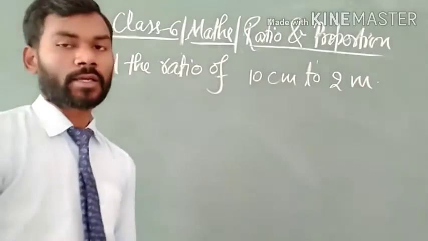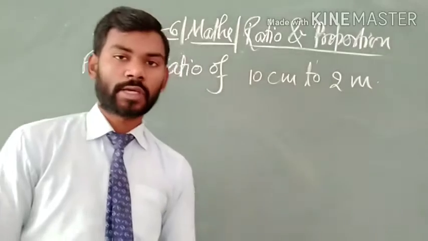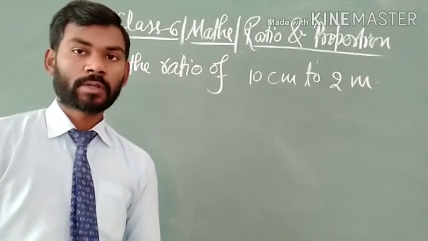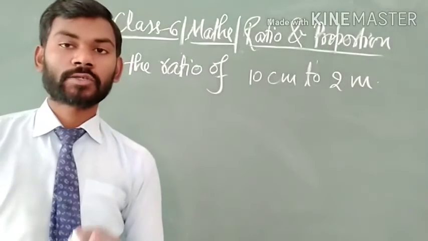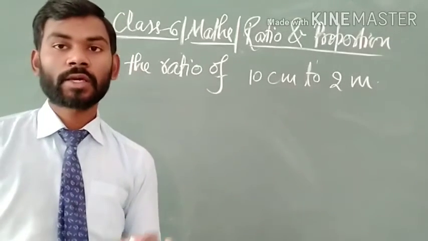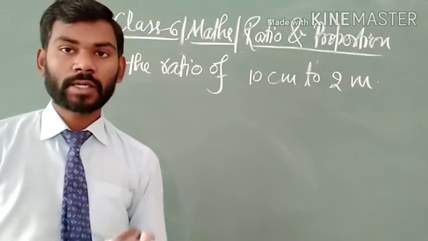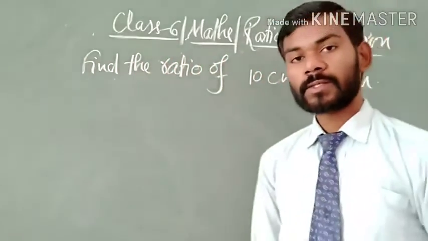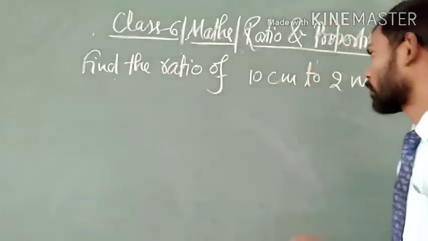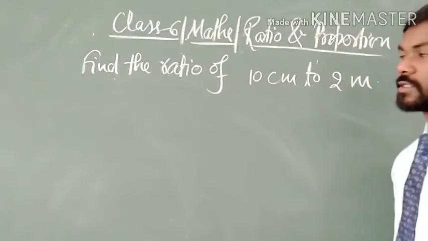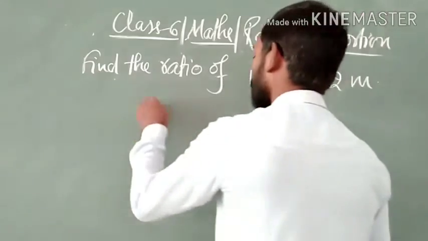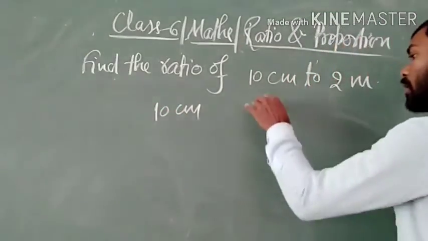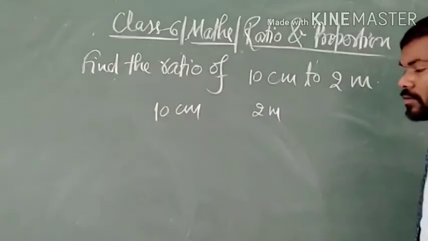In the starting, I already told you that a ratio, meaning a comparison, is only possible when the units of the quantities are the same. But here we can see that the units of the quantities are not the same. The first is given in centimeter and the other is given in meter.